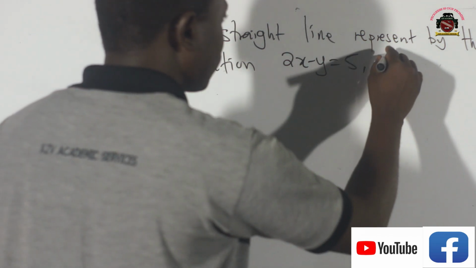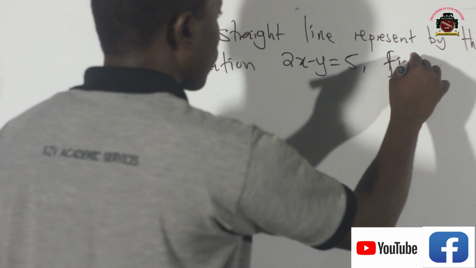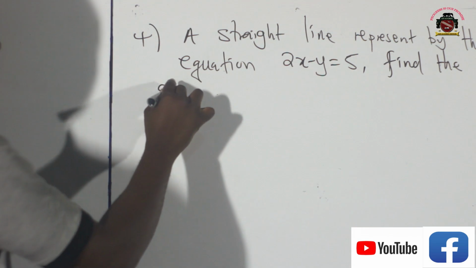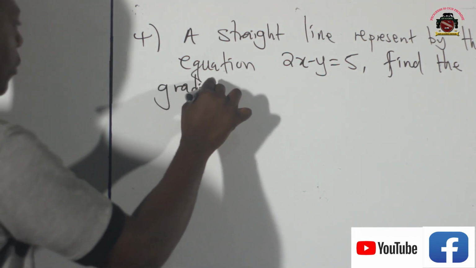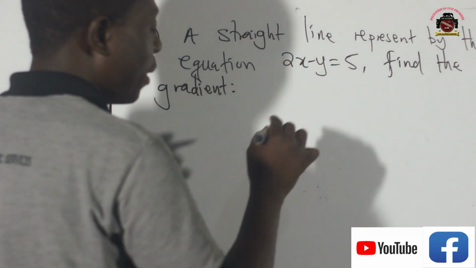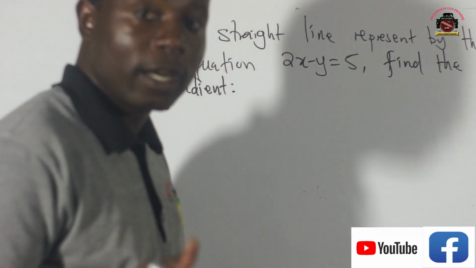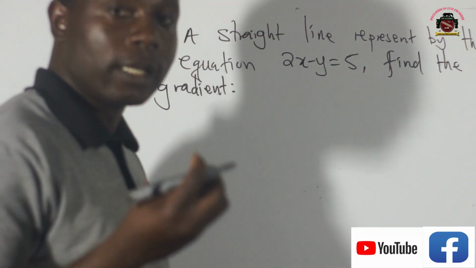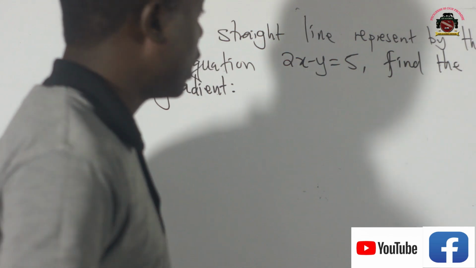Find the gradient. Now here remember that whenever you're finding the gradient for an equation like this one, you must know the standard form of writing the equation of a line.